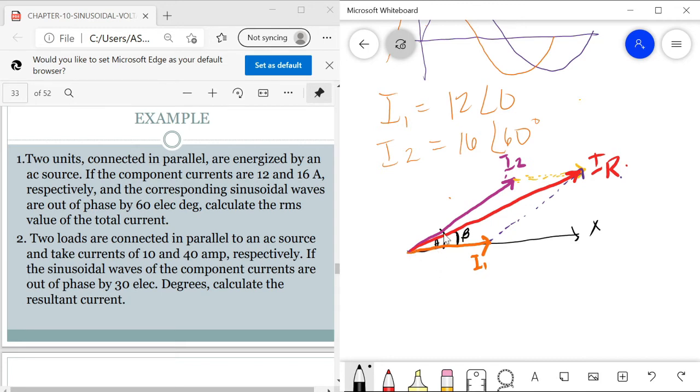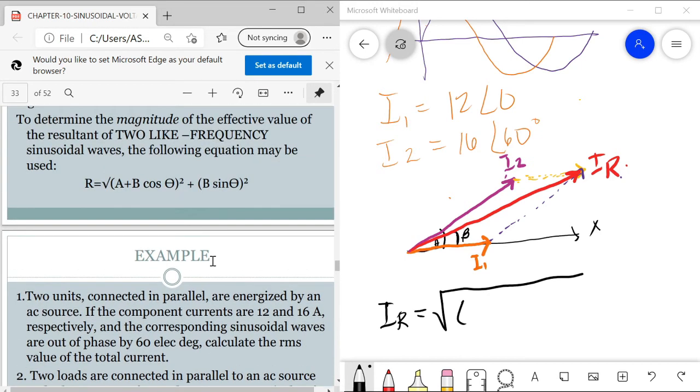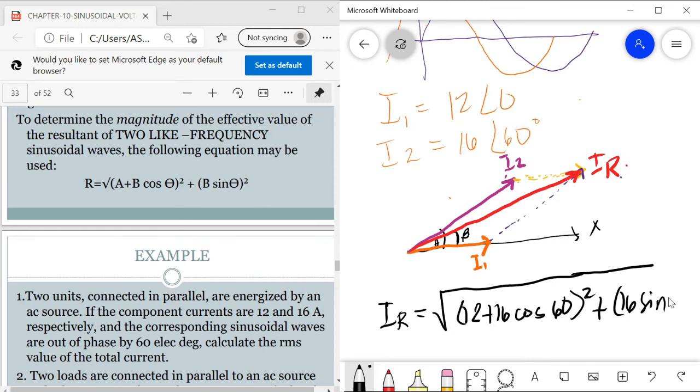We can solve the magnitude of IR, that is equal to the square root of A. What is our A? 12 squared plus B is 16 cosine of 60 squared plus B, 16 sine of 60 squared.